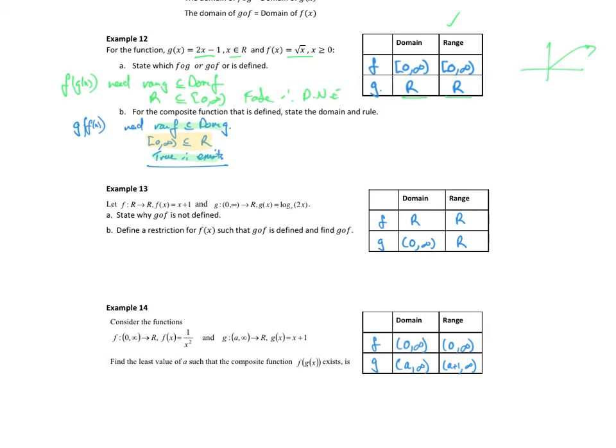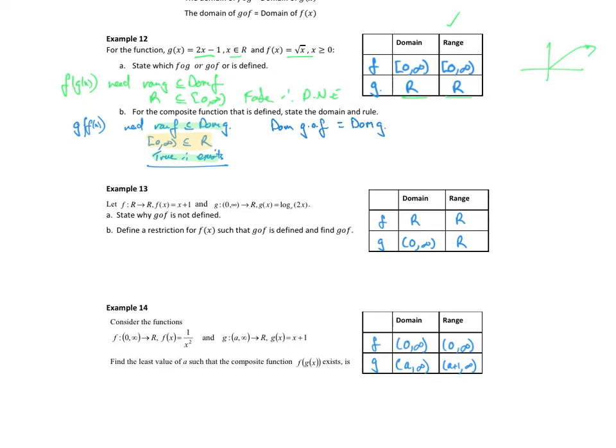All right, so I've got the composite function that is defined, state the domain and the rule. Okay, so the domain of the composite function, so if we think about what domain is the significant, so the domain of g of f is equal to the domain of g, okay?